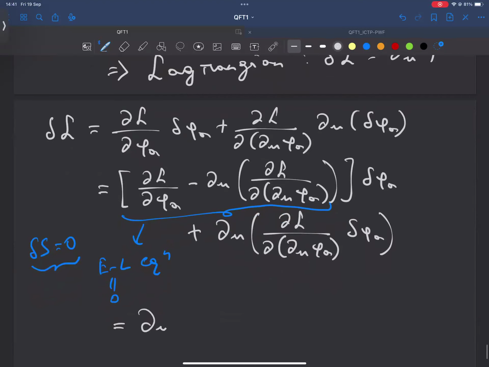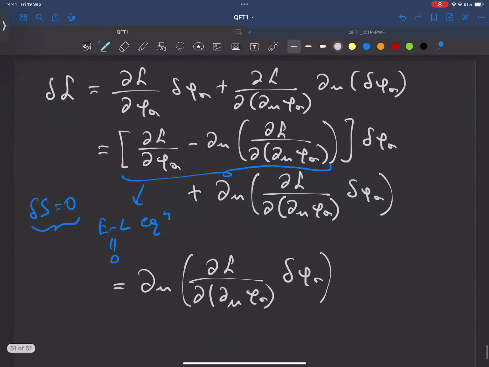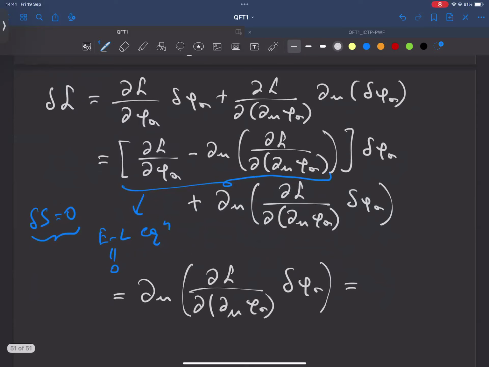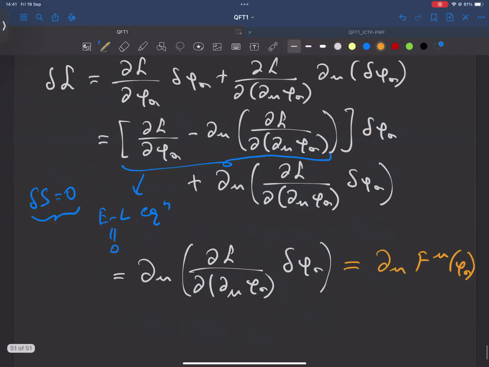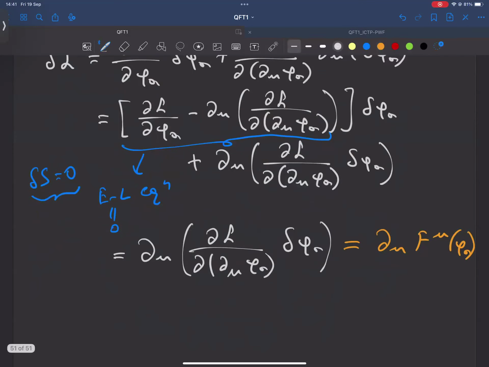So we get del mu of del L by del mu phi A times del phi A. And the action can be invariant only if the Lagrangian changes by a total derivative, f mu of phi A. Okay, that's the definition of a symmetry. When that happens, your action will remain invariant and the transformation that you're looking at will be a symmetry.